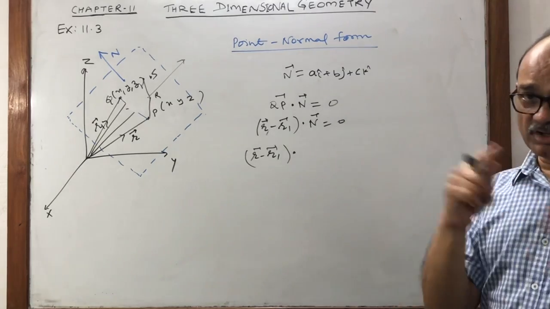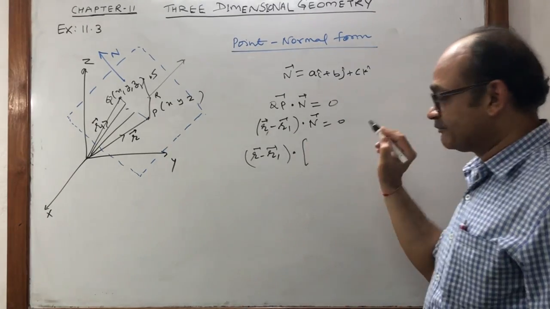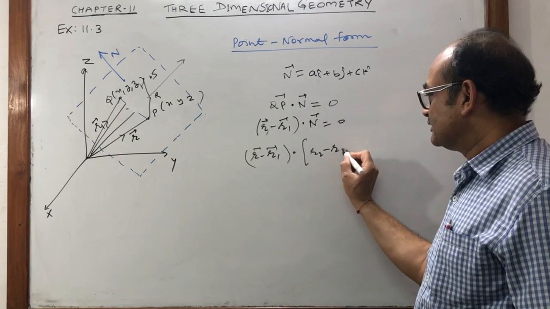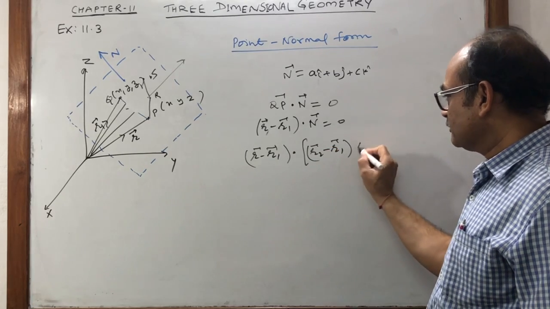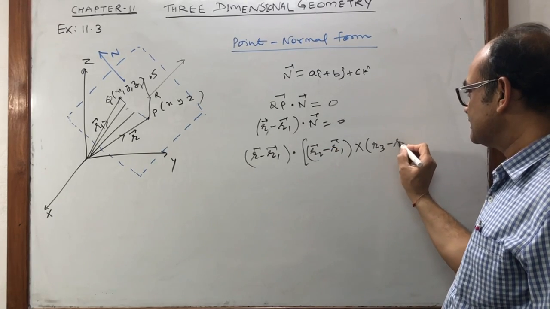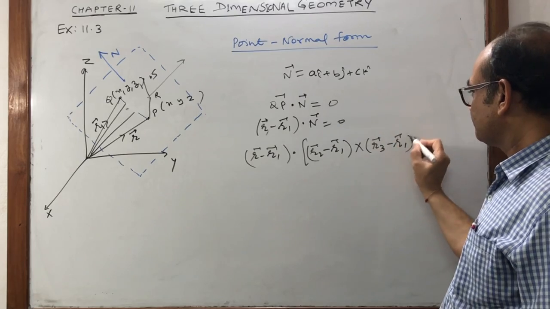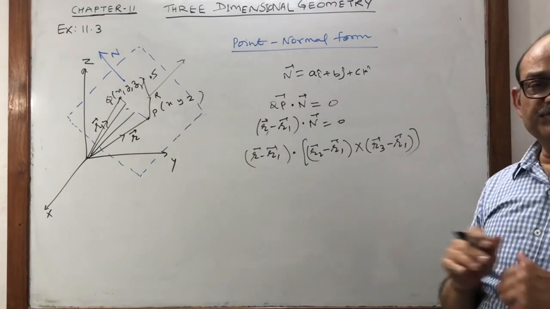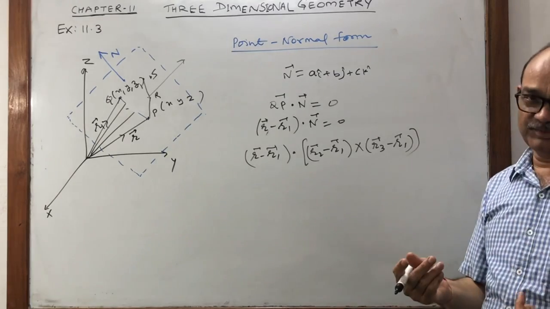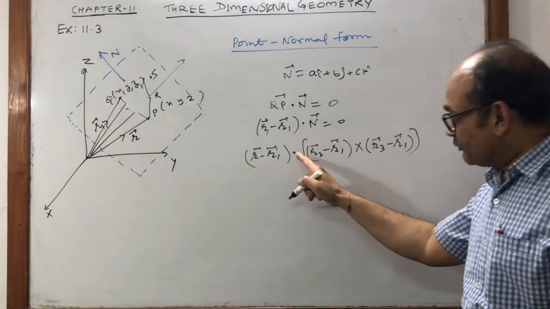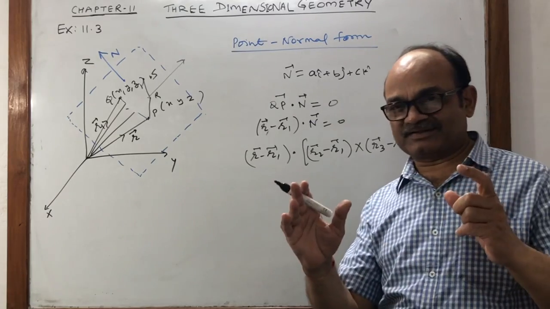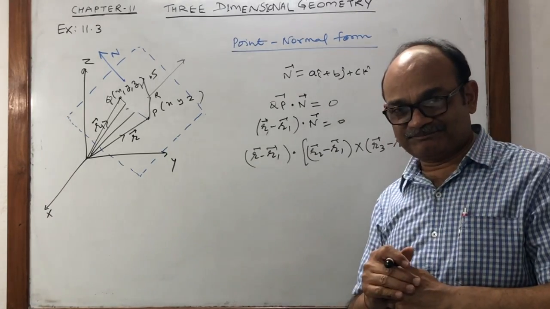Dot, we want the normal, and the normal is nothing but the cross product of the remaining 2 vectors, r2 minus r1 cross r3 minus r1, where r2 and r3 are the position vectors of the 2nd point and 3rd point. Now you know, whenever there is 1 dot and 1 cross, it is nothing but the box product or scalar triple product.